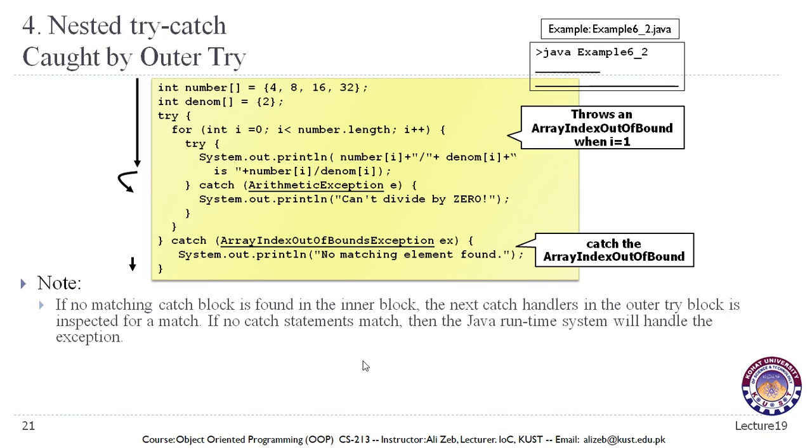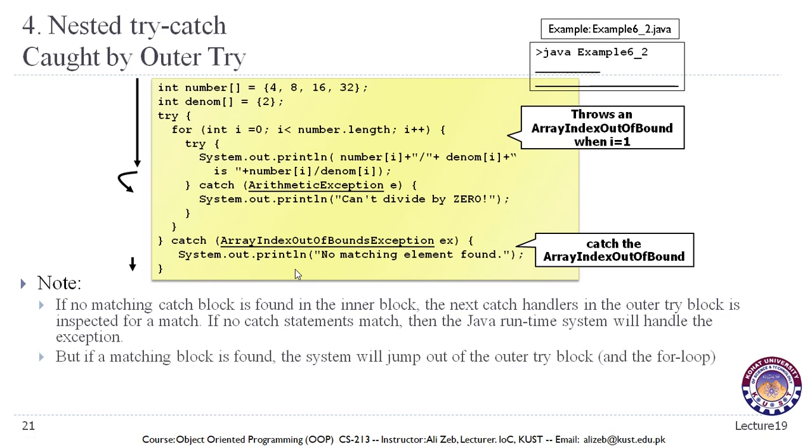If no catch statements match, then the Java runtime system will handle the exception. But if a matching block is found, as in our case, the system will jump out of the outer try block and the for loop.